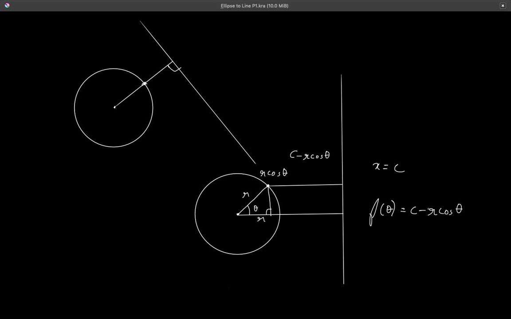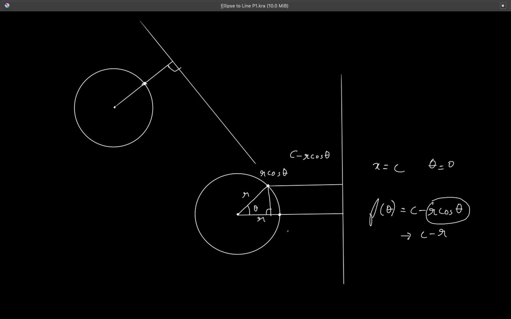Obviously, we want to maximize this term right here, and the maximum occurs when theta is equal to 0, which is when cosine is equal to 1, so this entire expression becomes c minus r. That is in fact the minimal distance, and we have shown that the minimal distance occurs when theta is equal to 0. That implies that our terminal point is just the one that is collinear with the foot of the altitude from the center to the arbitrary line and the center itself.